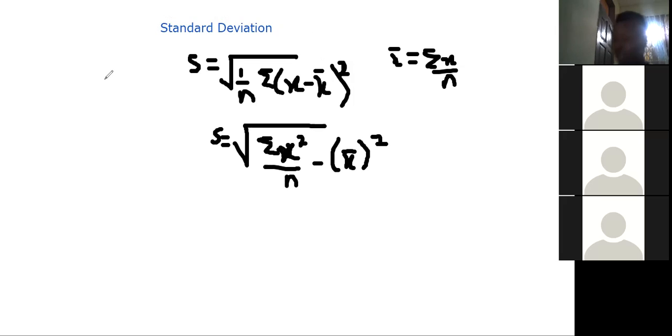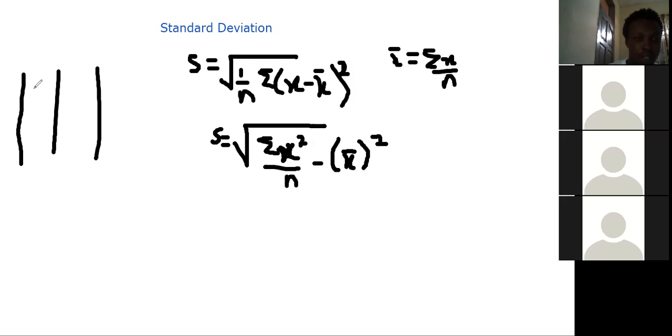So like the question I gave you, the first one, 14, 15, 16, 17, 18, 11, 12. Someone should mention the answers for me. Yeah, give me 11, 12, 13, 14, 15. What did we get for the mean?